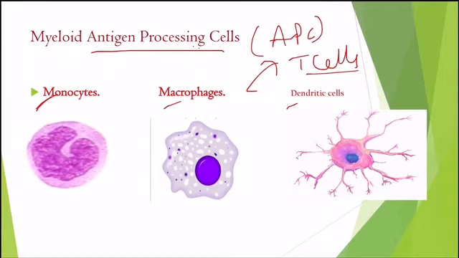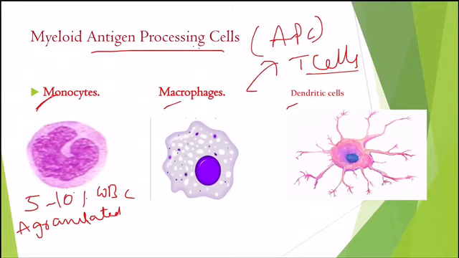First is the monocytes. Monocytes are 5 to 10% of WBC. These are agranulocytes, with a single-lobed nucleus, that is, a unilobed nucleus. Monocytes migrate into the tissues and differentiate into phagocytic cells, the macrophages, including dendritic cells.